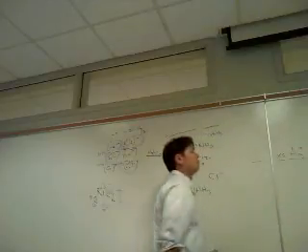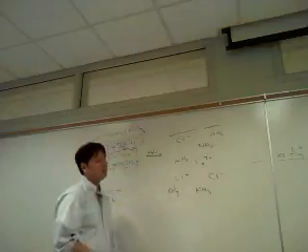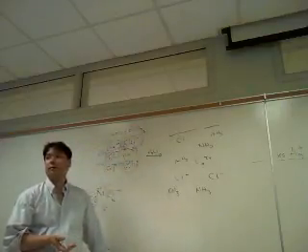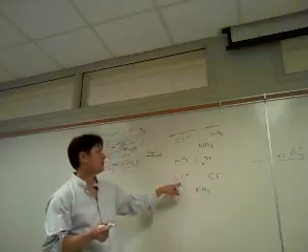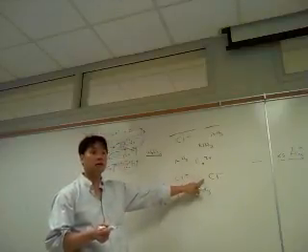Okay, so one way to analyze this solution is I'm going to add excess silver ion. You know, maybe silver nitrate or something like that. And when I add excess silver ion, the silver ion should attack the chlorides and precipitate.